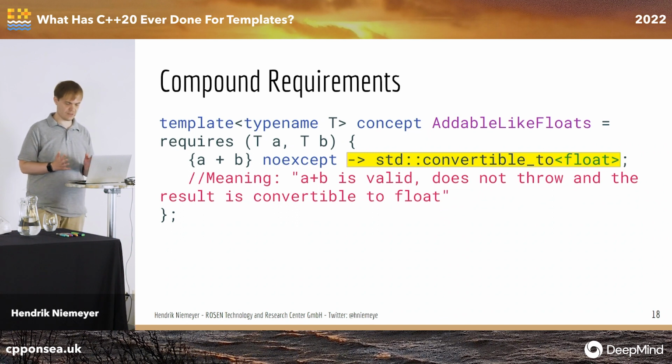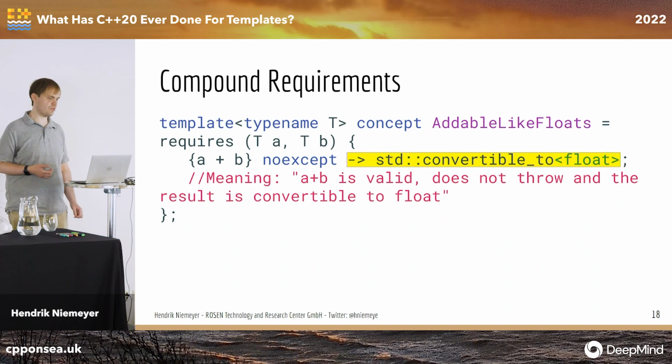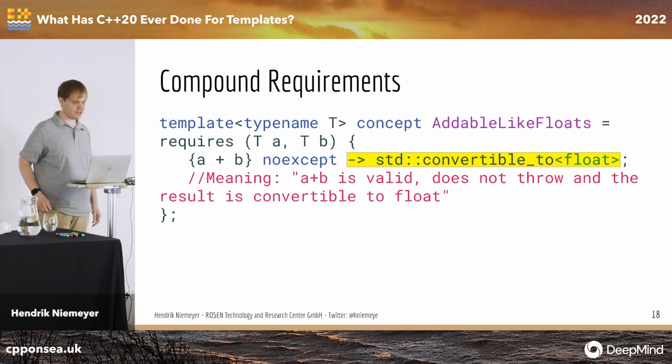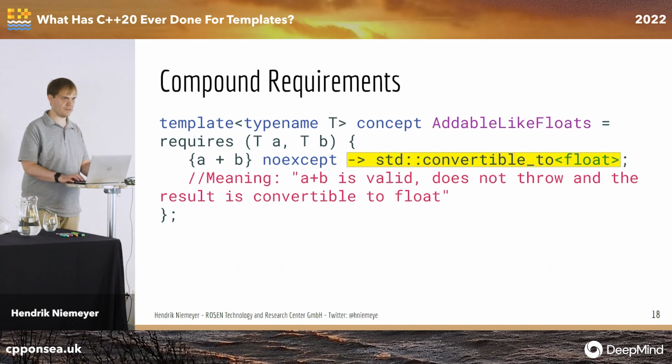And this generalizes the simple requirement in a way that we can qualify it with noexcept, and then we can check the return type. So what this translates to is we have local variables a and b, and the expression a plus b for type T must be valid, and it must be noexcept, and the return type must be convertible to float. So this generalizes the simple requirement in that way.